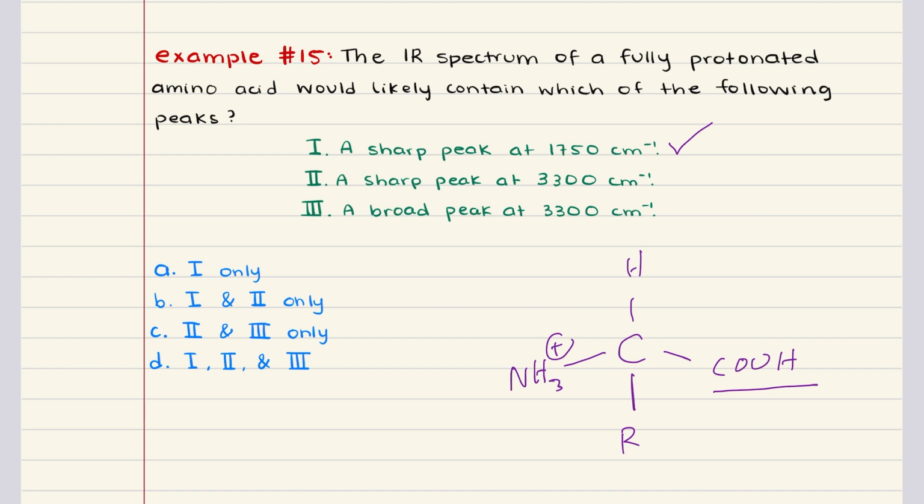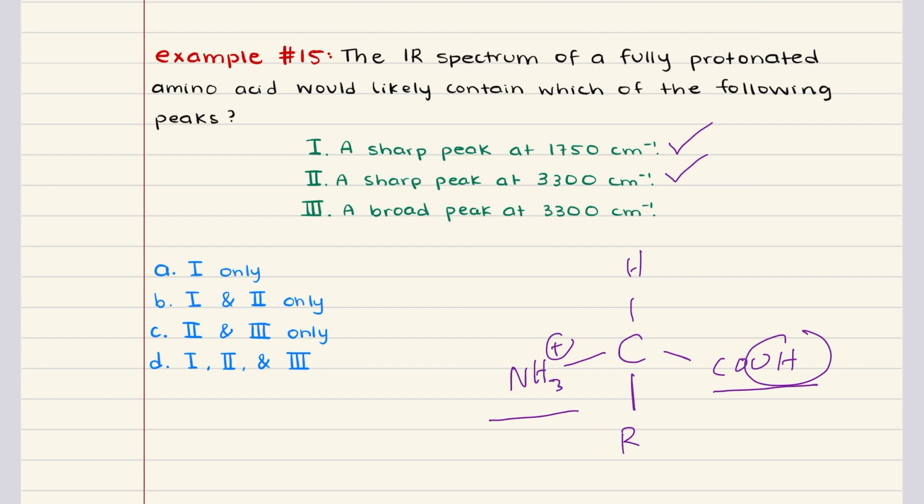Now let's think about the NH stretches. This group right here produces sharp NH stretches around 3300 wave numbers, which supports statement 2. But amino acids also contain a hydroxyl group from the carboxylic acid, and an OH bond typically produces broad peaks around 3300 wave numbers due to hydrogen bonding.